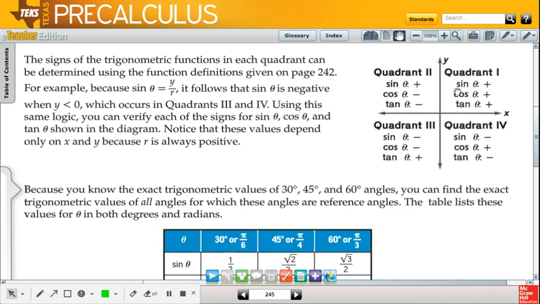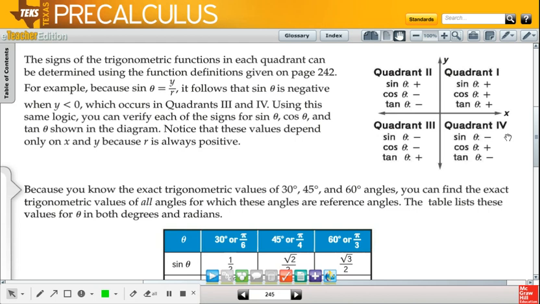Quadrant 2, only sine will be positive, but cosine and tangent will be negative. Quadrant 3, sine and cosine are negative, but only tangent is positive. Quadrant 4, sine and tangent are negative, but cosine is positive.